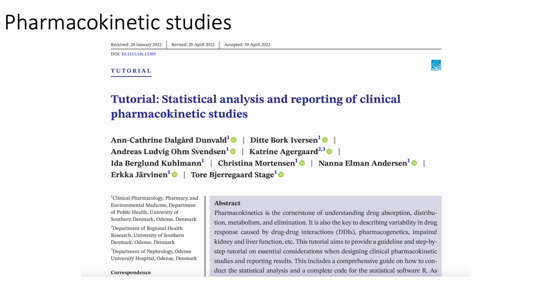And this is why you will see several articles explaining or establishing well the pharmacokinetic or pharmacodynamic profile of an experimental drug.